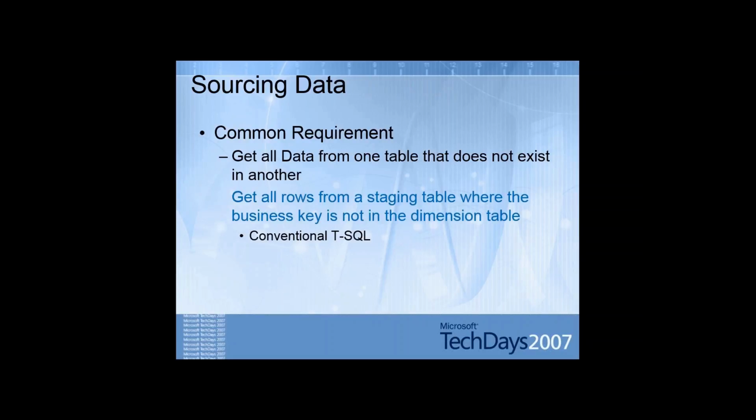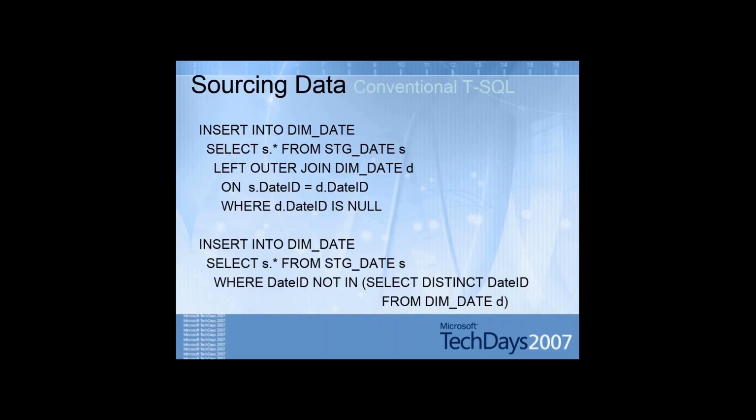What is the conventional T-SQL, how to insert the records into the data, how to use the staging part, how to join the tables, such as inner join, outer join, left outer join, right outer join.